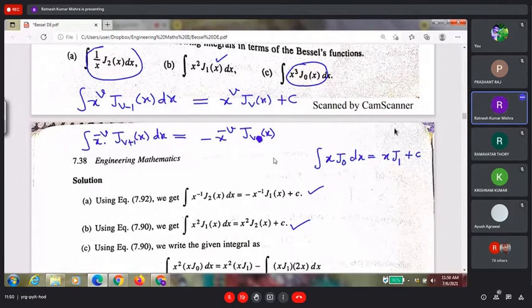So see, x cube, write it as x square into x. So x square and x into J naught, we can combine this one. First and this is second.